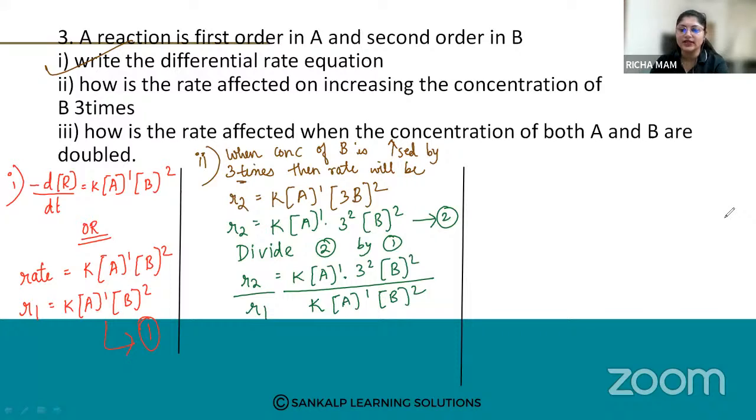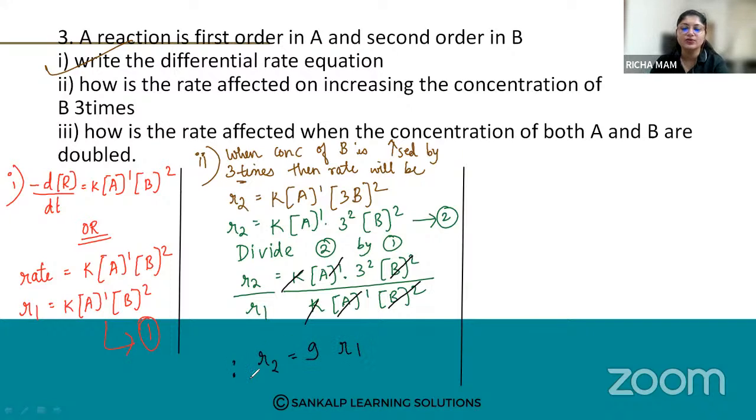So K gets cancelled, A1 gets cancelled, B squared gets cancelled. So R2 is equal to 3 squared, which is 9, into R1.